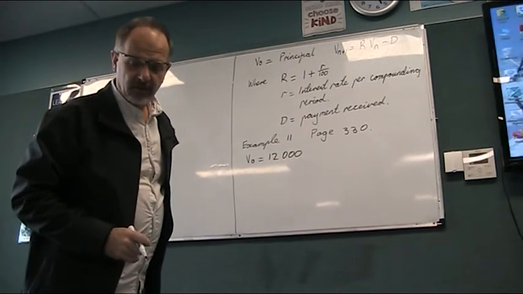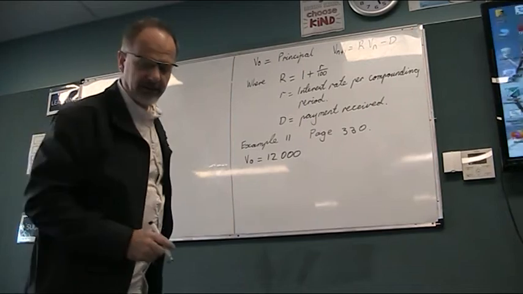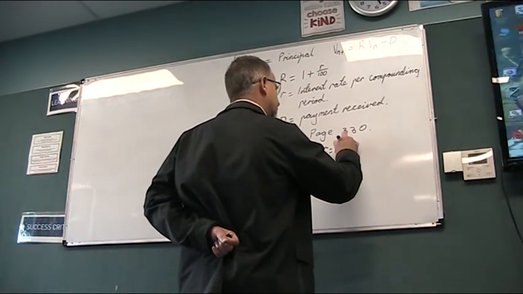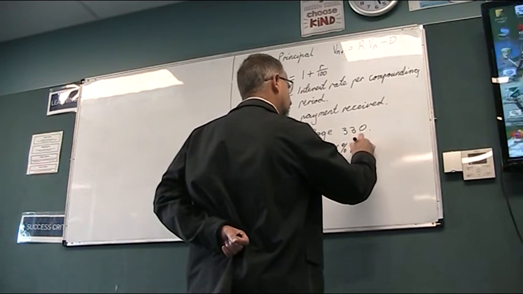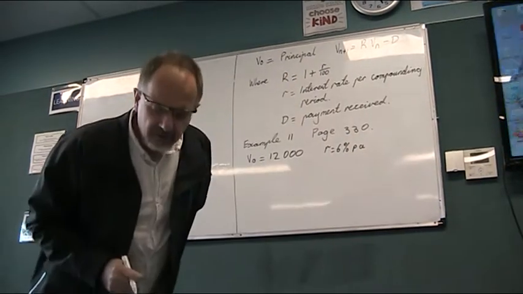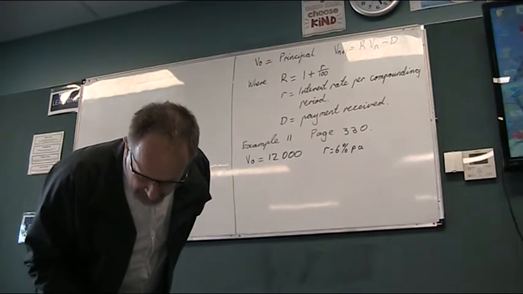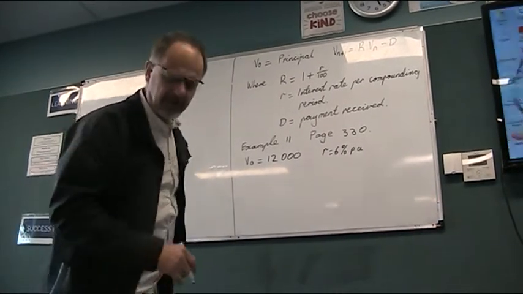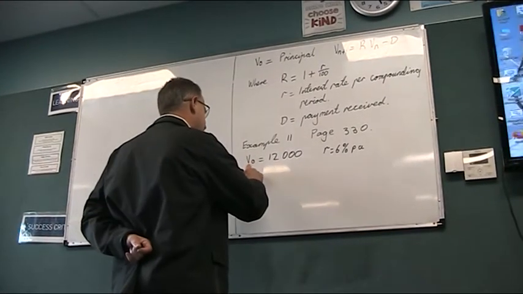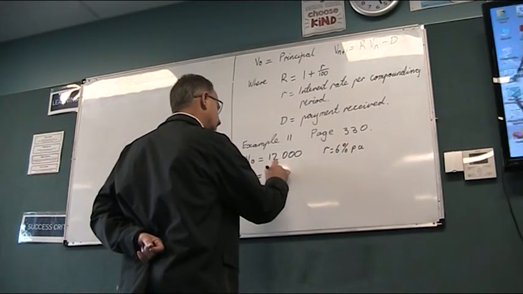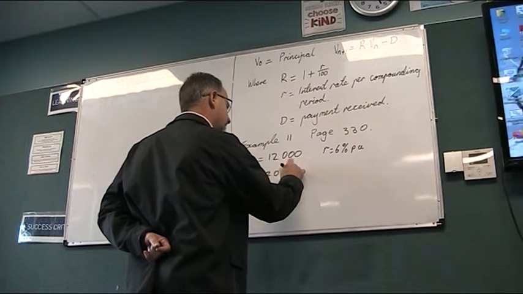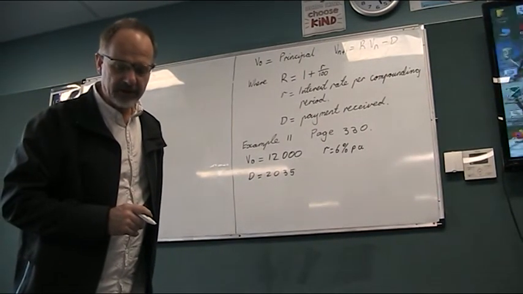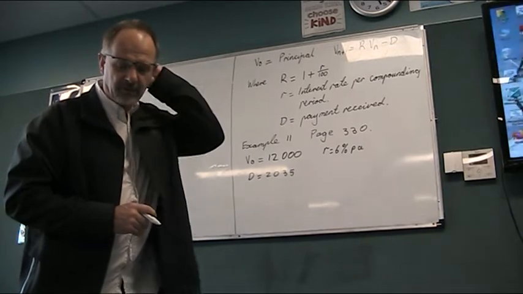We're then told that it's an interest rate of 6% per annum, and his monthly income, D, is $2,035. And we're asked to model that.